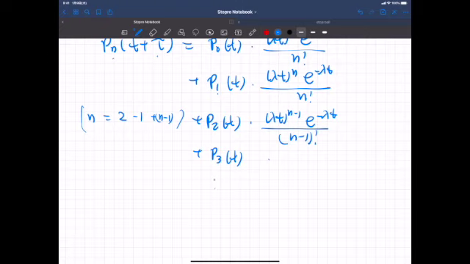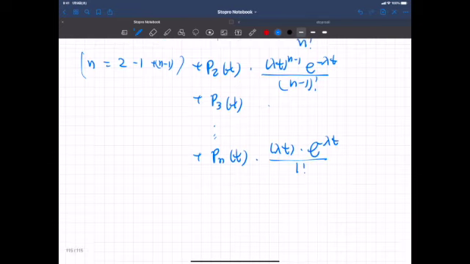And if there were, let's say, n customers at time t, one of these customers will leave after the service, so there should be one more customer arriving. So that case is lambda tau over 1 factorial.